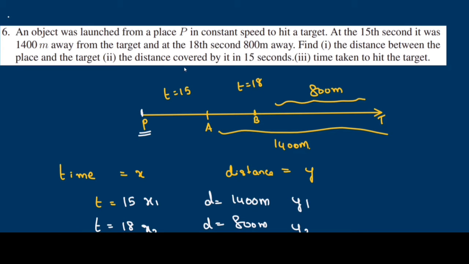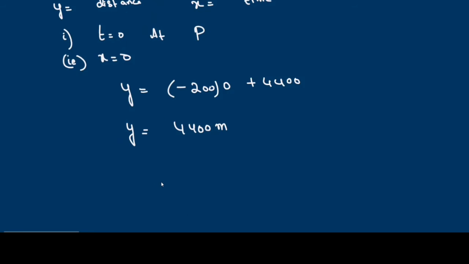Now the distance covered when 15 seconds. This distance PA is asked. How do you find this? The total distance we know, A to T also we know, isn't it? So the distance PA, the second part of the question. Time is 15 seconds they asked.